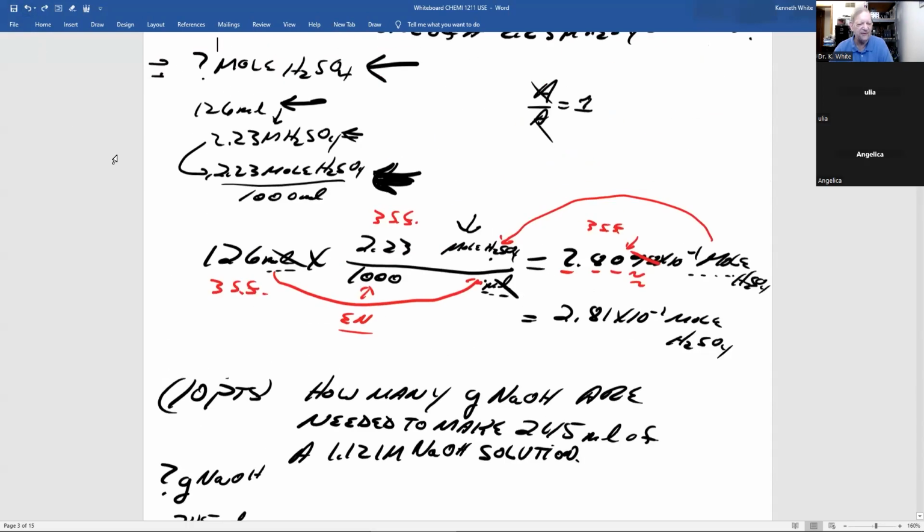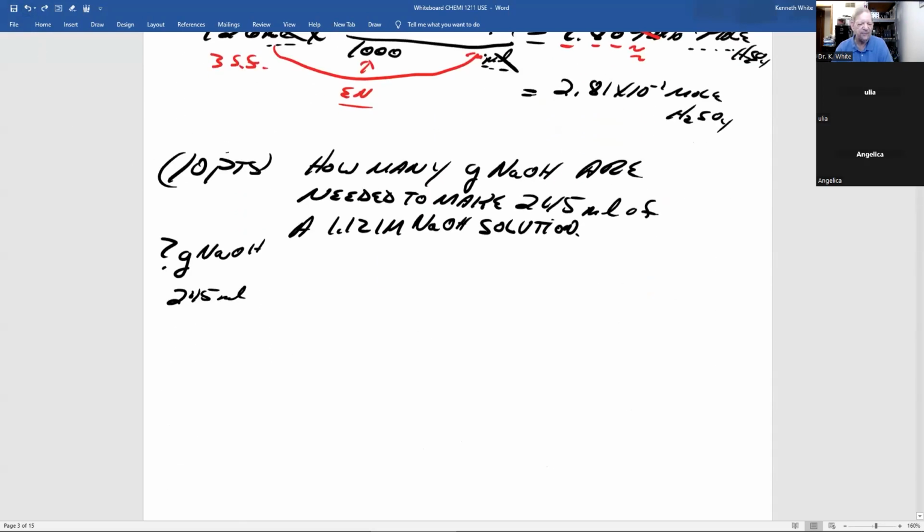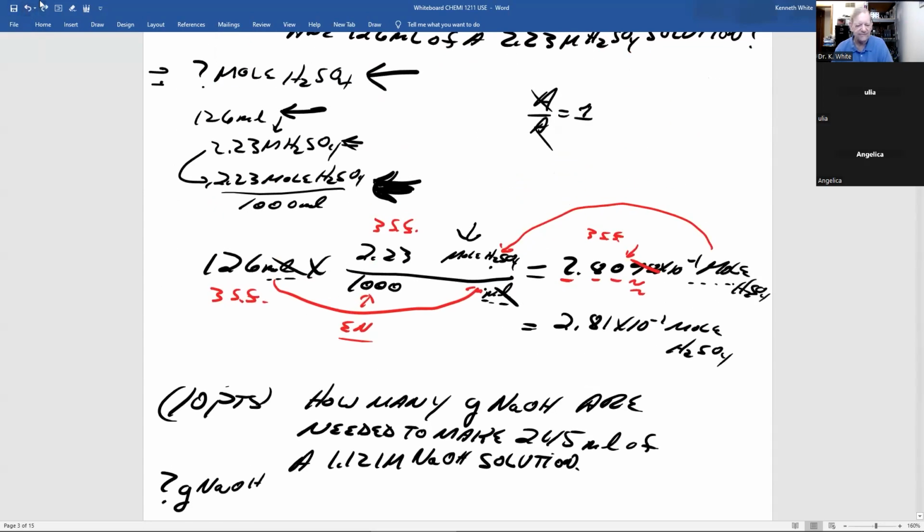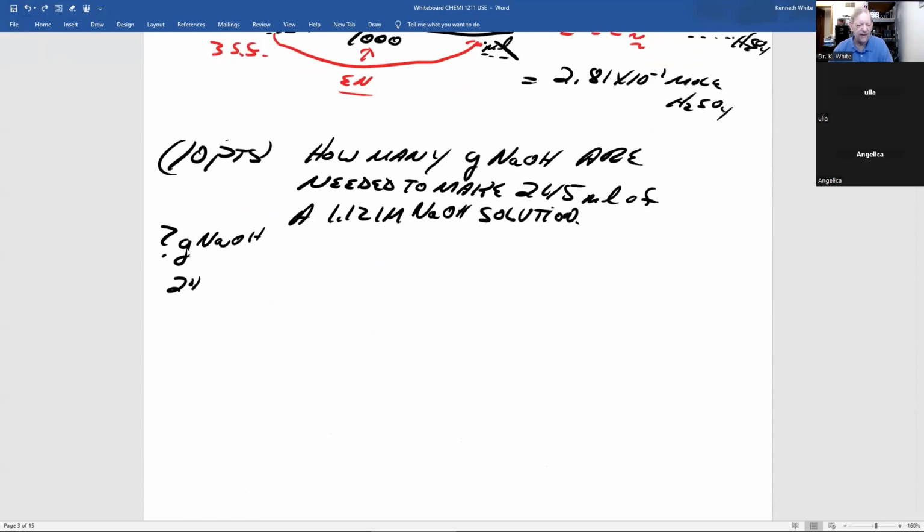Oops, did it again. 245 milliliters. And you're given the molarity of the solution. Oh, I gave it away. And as soon as you see capital M, what does that mean, molarity?